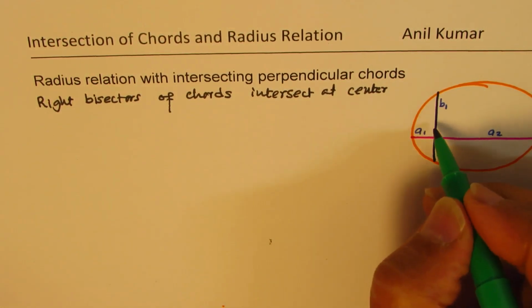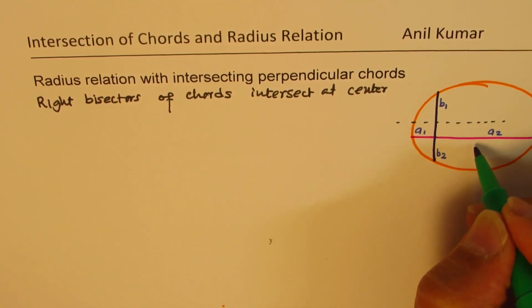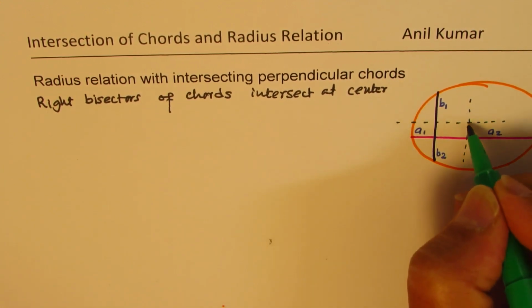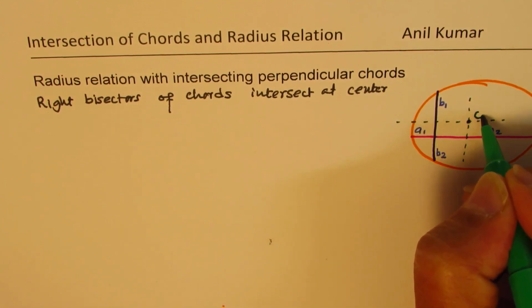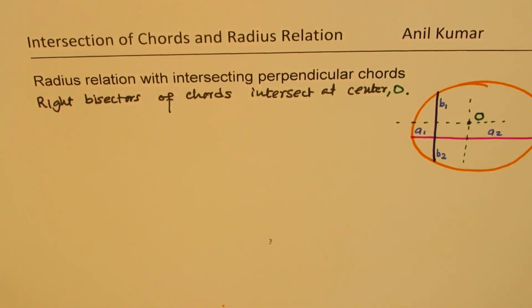If I have a perpendicular bisector here, and for this other chord this is the perpendicular bisector, then wherever they intersect, that becomes the center of the circle, O. Is that clear to you?